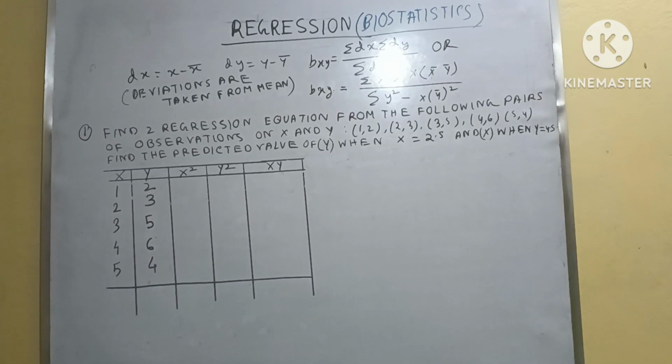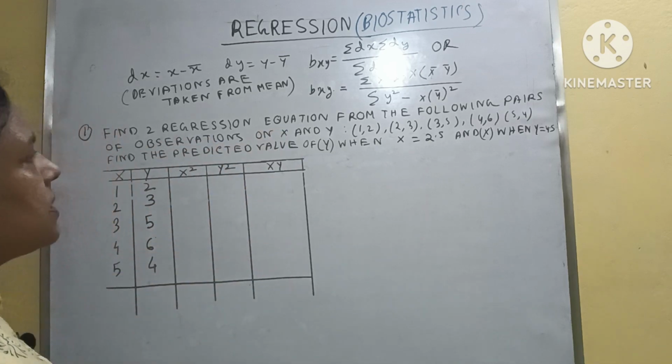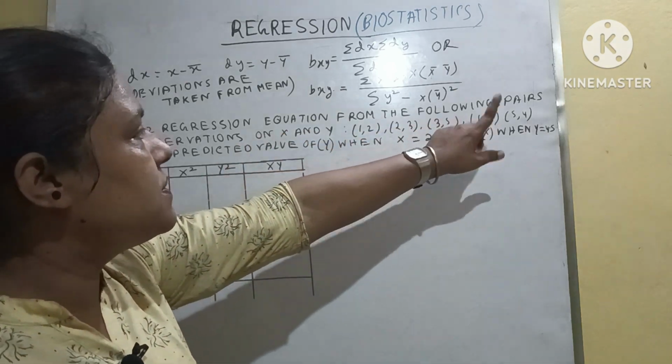Here is a problem: find two regression equations from the following pairs of observations on x and y, that is 1, 2, 2, 3, 3, 5, 4, 6, 5, 4.